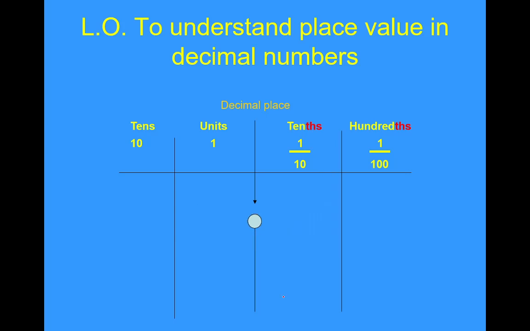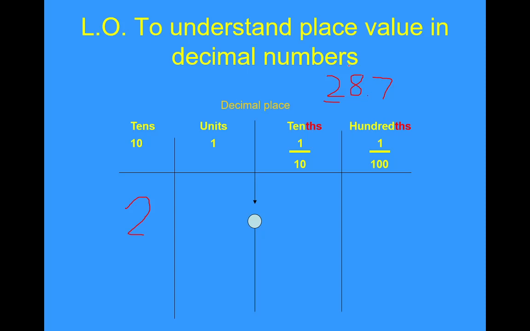This time, I want to do 28.7. So in 28.7, will we have any tens? Well, yes, we will. We will have 2 tens. Any ones or units? If it's 28, we'll have 8 units.